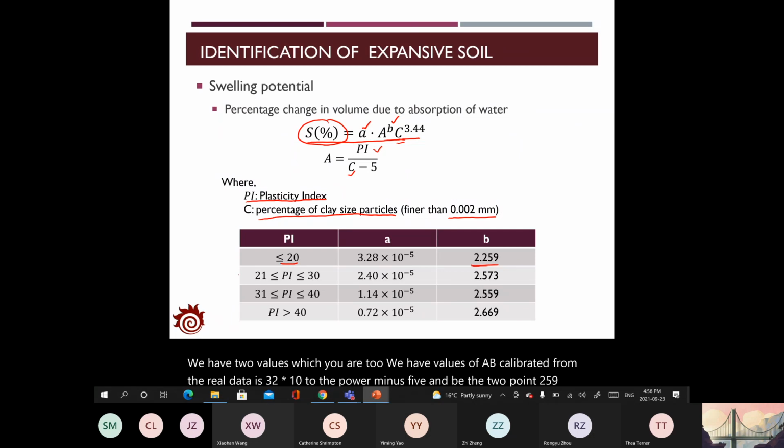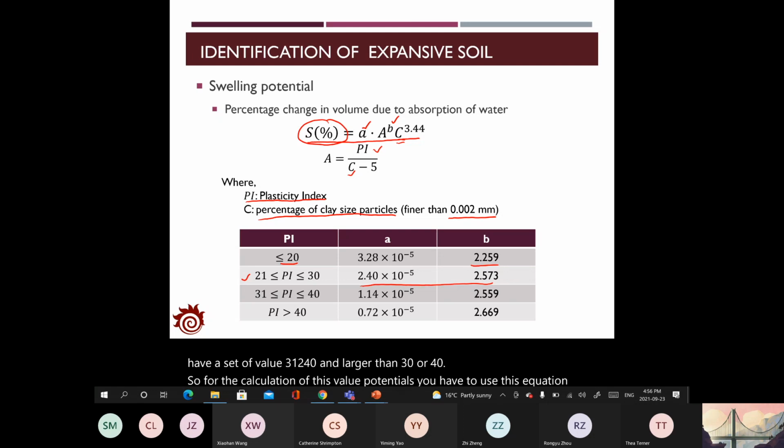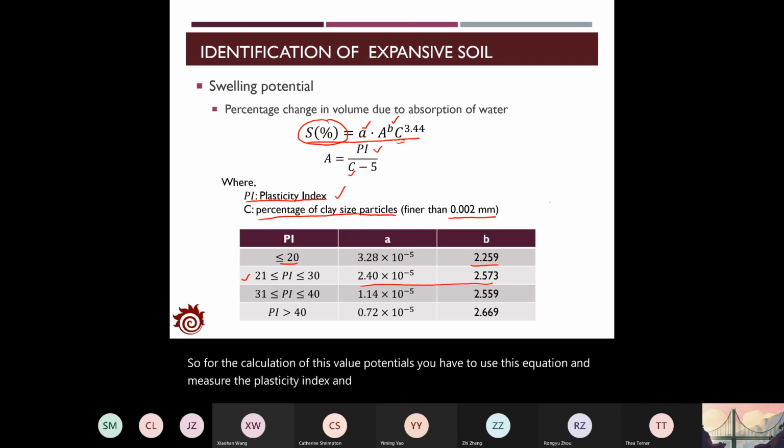For the other categories of plasticity index, between 21 and 30, between 31 and 40, and larger than 40, we have a set of values for each. So for the calculation of the swelling potential, you have to use this equation and measure the plasticity index and the percentage of clay-sized particles.